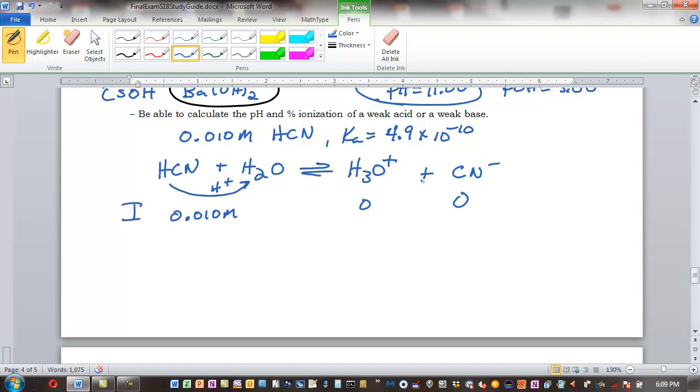Which way does this shift to reach equilibrium? It has to go to the right. We're not going to get much product, right? This is a really small Ka. So we're not going to get much product, but we will get a little bit of product. So it has to go to the right. So this has to be minus x, plus x, plus x.